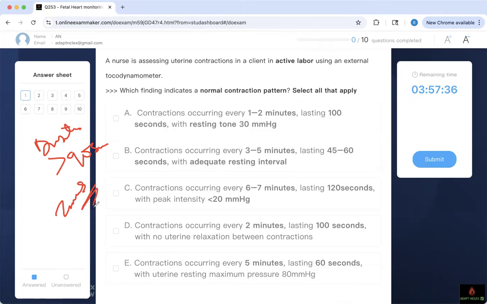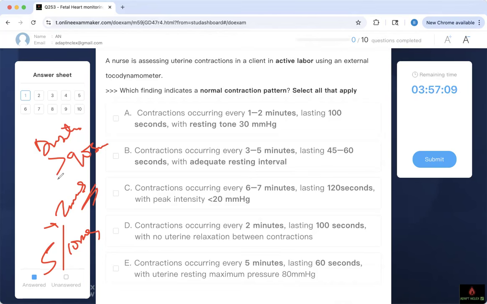Those are very, very important pieces of information. Because of these numbers, you're supposed to have 5 contractions in 10 minutes. If you have more than 5 in 10 minutes, it's a problem. If the interval between contractions is less than 2 minutes, then you have a problem. If the duration, how long you contract, is more than 90 seconds, it's a problem. Those 3 numbers are all you need.